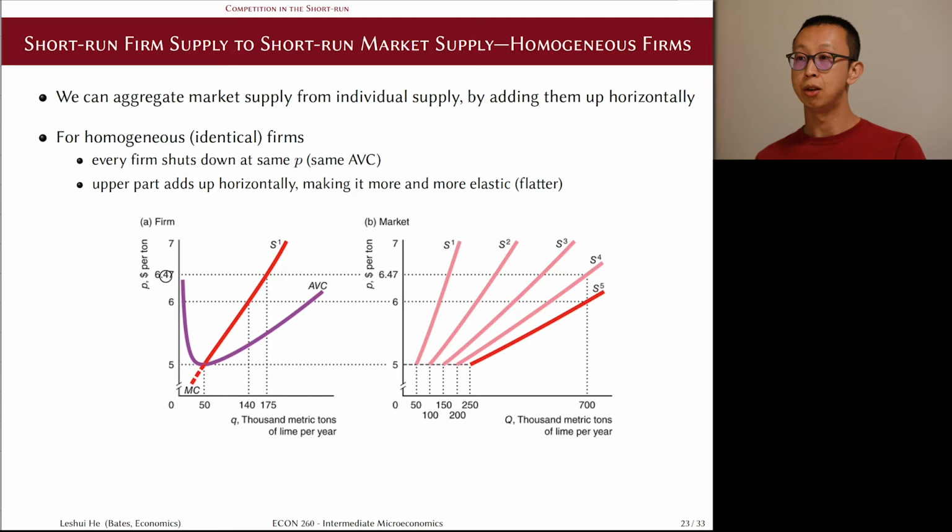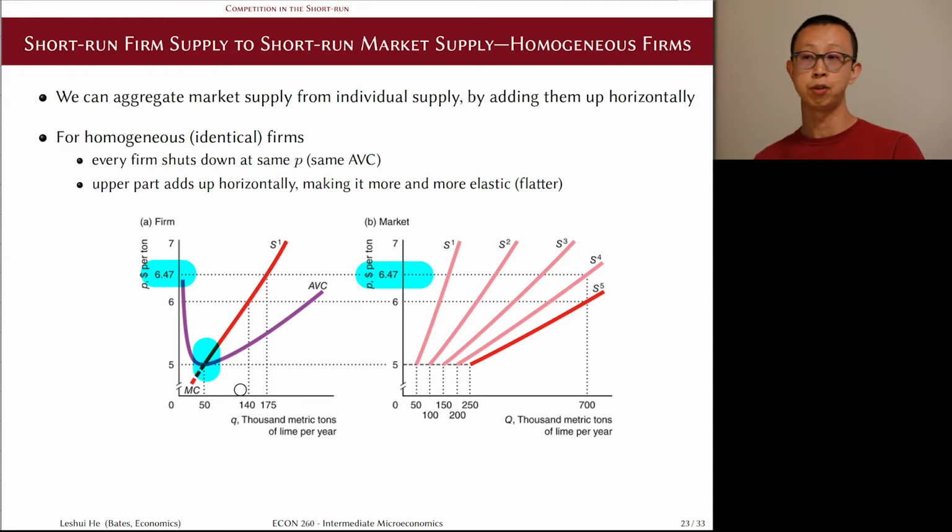At the price of $6.47, each firm in this market has the same supply curve because they're identical firms. So their output level will be determined by the price equal to the marginal cost, which gives us this supply curve here above the short run shutdown point.